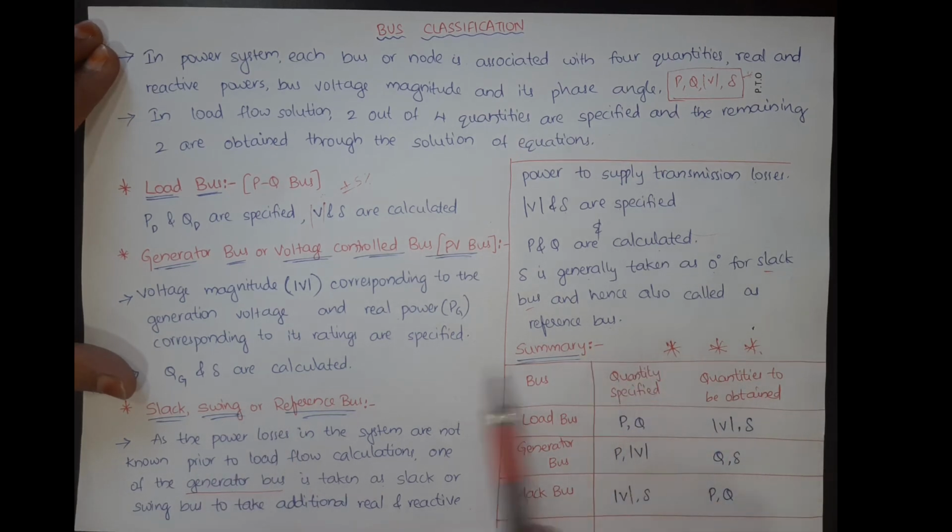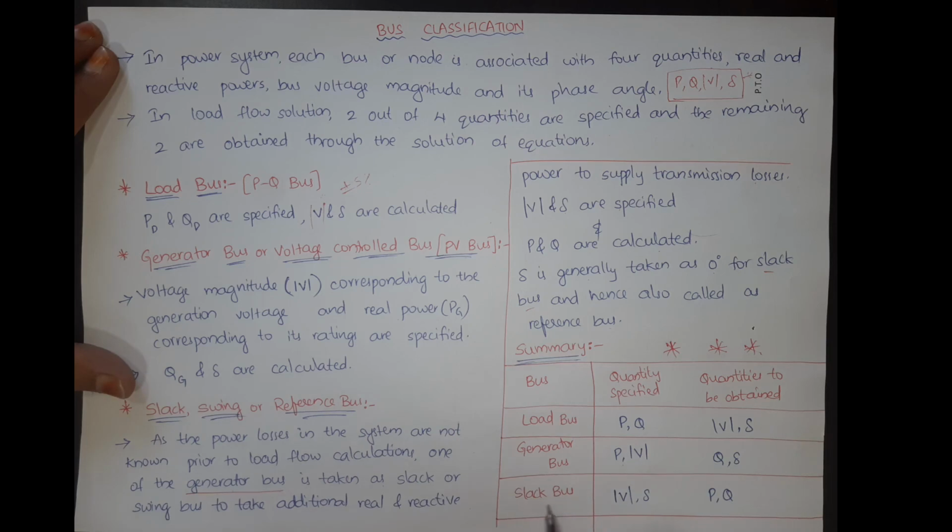Now, all of these bus classifications I have summarized here in a table. See, load bus, quantities specified will be P and Q, quantities obtained will be magnitude of V and delta. At the same time, for the generator bus, quantities specified will be P and magnitude of V, and quantities obtained will be reactive power Q and the load angle delta.